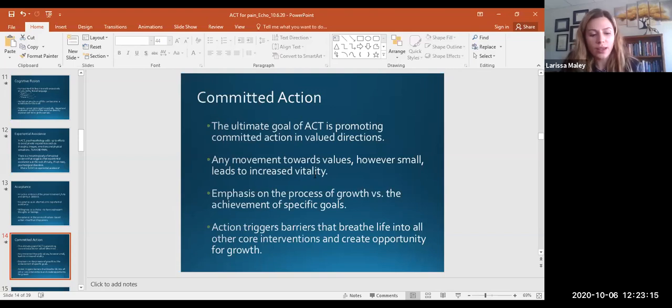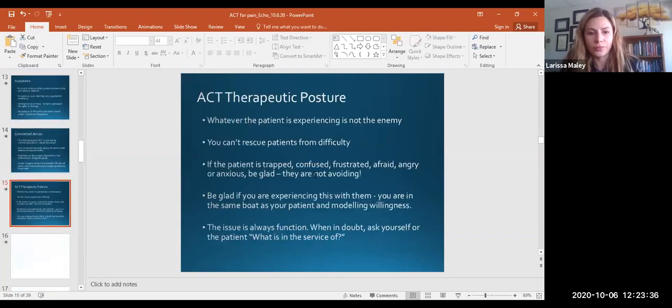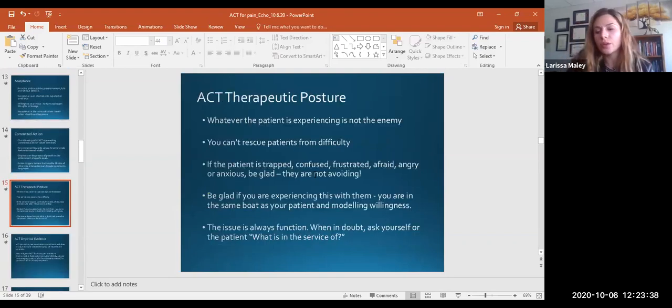So you're always framing every difficulty that occurs: What can you learn from this? What is this teaching you? And is it truly in the service of what's important, or was it in the service of your avoidance? And if it's in the service of your avoidance, yeah, you probably got some short-term relief, but long-term, it was not helpful.